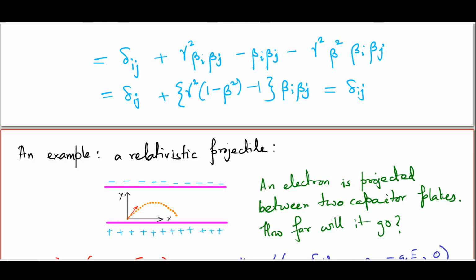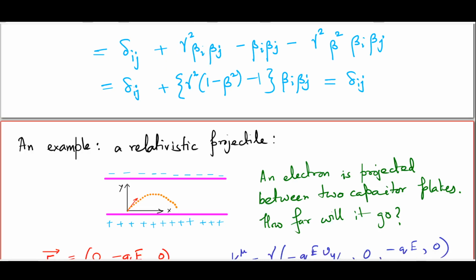So the setup here is exactly the same as projectile motion, but note that I am not saying that this is a particle moving under gravity, because there, especially at very high speeds, complications because of general relativity might very well arise. Here this is a purely special relativistic problem, no gravity involved. The force which is dragging the electron down is nothing but electrostatic force.